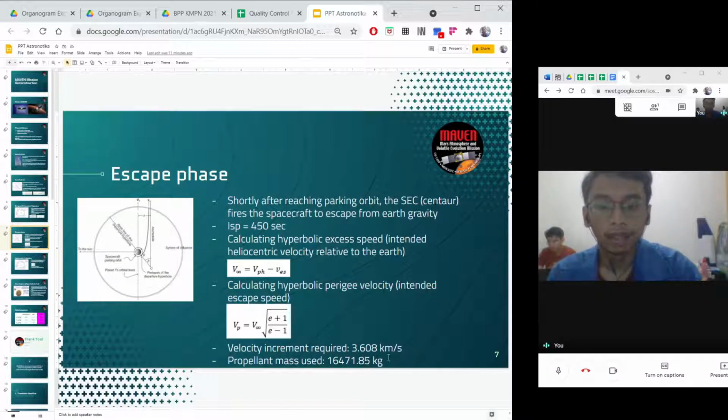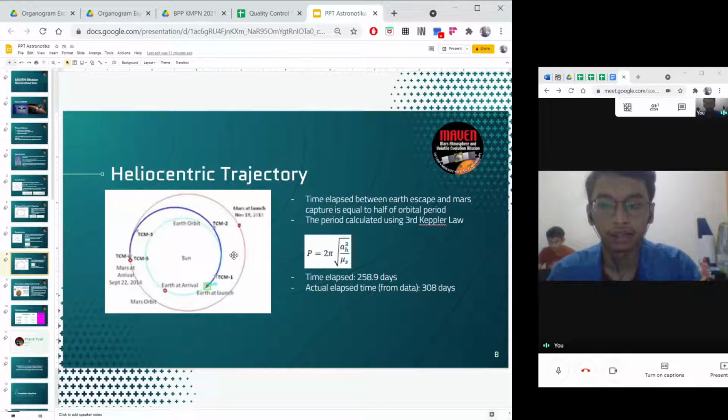By that propellant, we achieve a velocity increment of 3.6 km per second. After that propellant mass is used, the spacecraft is now going on its heliocentric trajectory on its way to Mars.